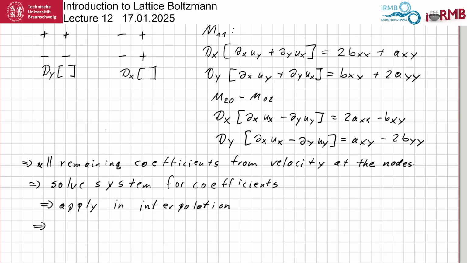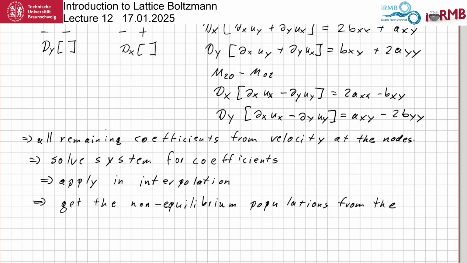The non-equilibrium part we get not by interpolating the non-equilibrium part, which we could also do, but we get the non-equilibrium populations from the derivatives of the interpolation function.